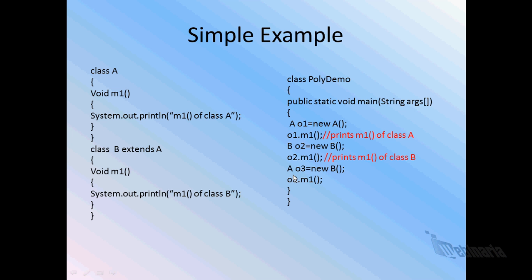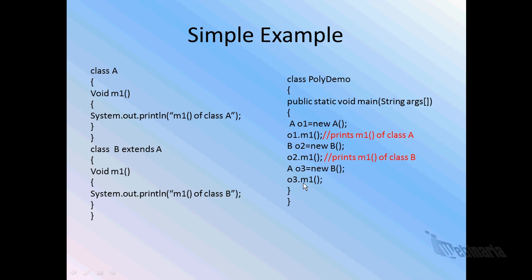Next, coming to the third one and the most interesting one, we also call it the golden rule in Java, where class A is a superclass and the superclass reference is assigned a subclass object. So at compile time, the m1 method which is called using the o3 reference variable, the compiler is going to see is of class A, because the reference type of o3 is class A type.